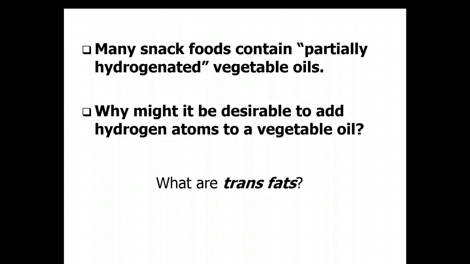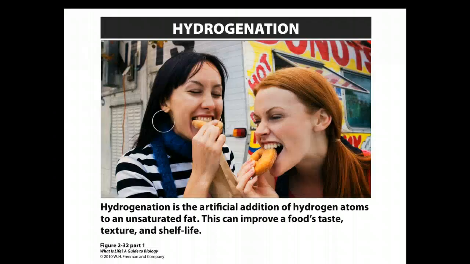Trans fats are fats that have these kinks that will not do well as far as sticking to clutter in our vessels and causing these atherosclerosis conditions in our heart. We'll talk more about trans fats. Hydrogenation is an artificial addition of hydrogen atoms to an unsaturated fat.